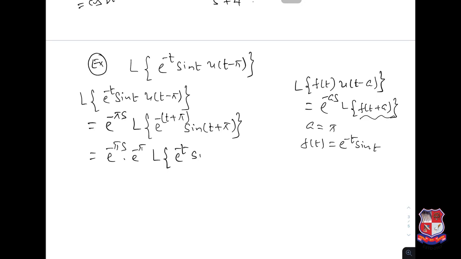Now what is sine of t plus pi? So sine of t plus pi is in third quadrant, and in the third quadrant sine is negative, so that is nothing but the negative. So I write that negative sign here.